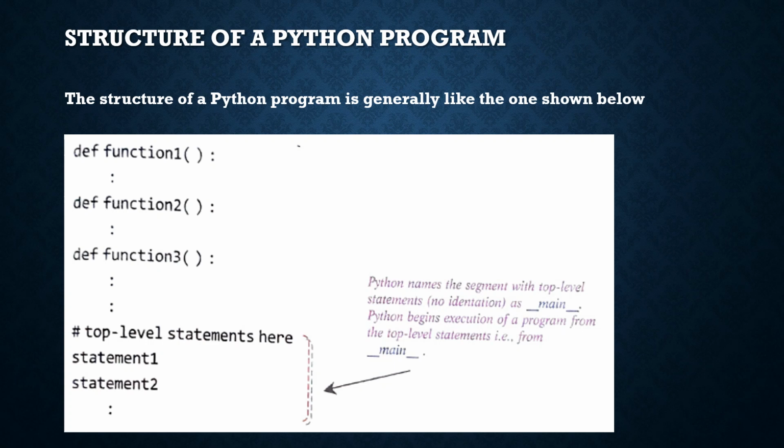Otherwise, statements without that margin space are treated as the main function, or top level statements. Python names the segment with the top level statements, that means no indentation, as main function. Python begins execution of a program from the top level statements, that is from main. These are the structure of a Python program.